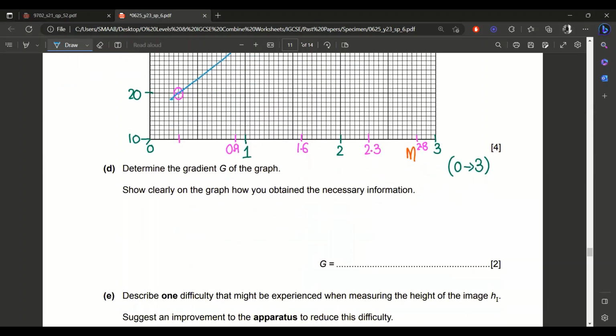And now we have to find the gradient of the graph. Show clearly on the graph how you obtain the necessary information. So how do we find the gradient from the graph? If you remember, while solving the past paper we also found the value from the gradient: we have to select 2 points on the line and then find the gradient, right?